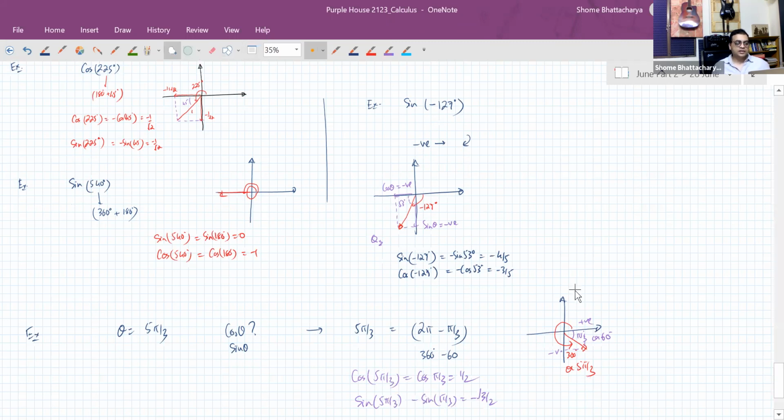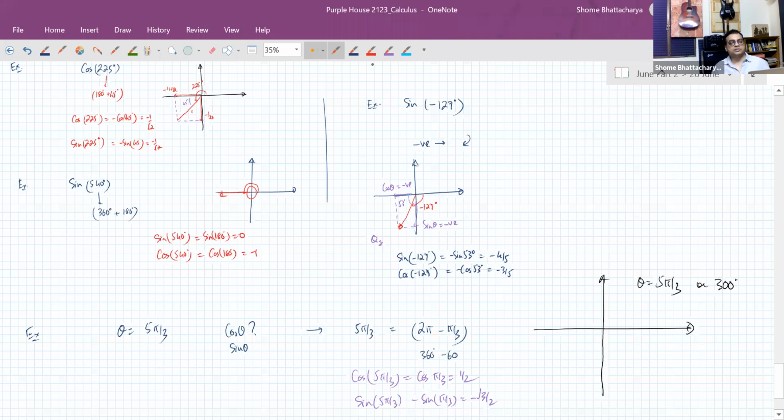I'll just make this diagram a little bit more detailed. We'll have to interpret this theta equal to 5 pi by 3, or 300 degrees, like this. That's the same as that. We have rotated it like this, so that's the same thing as saying that this angle is pi by 3.